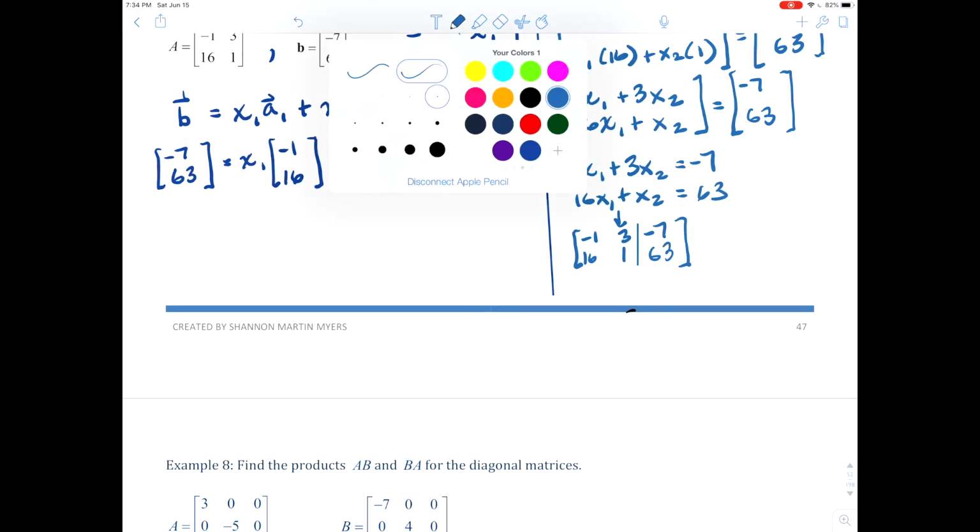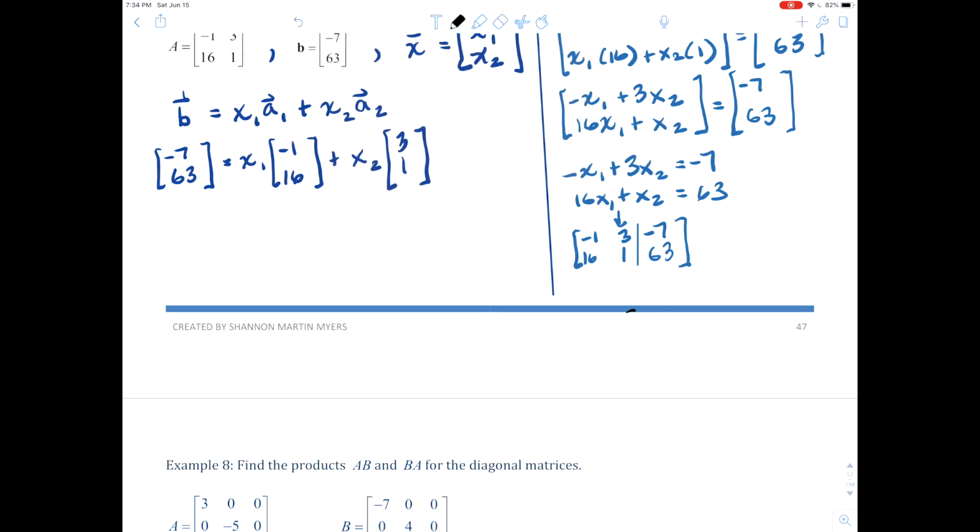So to get rid of the 16 that is in the second row, first column, we want to zero that out. So we'll need to do 16 row 1 plus row 2 for a new row 2. And that'll give us what?